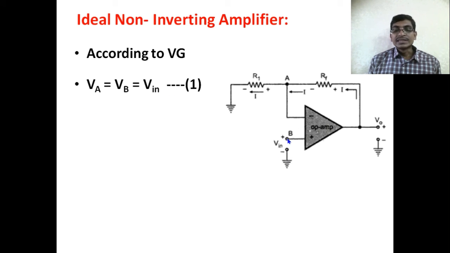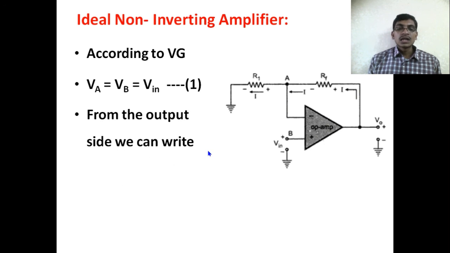This is the node B, and here we have the node A. So VA is equal to VB, which is equal to VIN. That is equation number 1. And from the output side, we can write the equation for the current I. The I current is flowing from the output side to the input side, so we write the I current equation as V naught minus VA divided by RF.